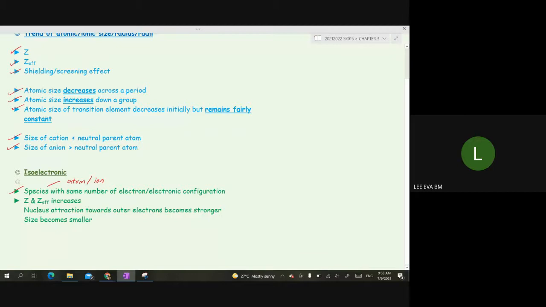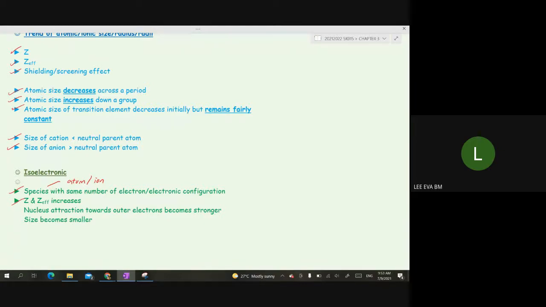Dua-dua boleh. Okay. And then for isoelectronic species, focus on Z and Z effective. If your Z and Z effective increase, nucleus attraction increases, becomes stronger. Therefore, the size for these species will be smaller. Unless they are not the same isoelectronic species.